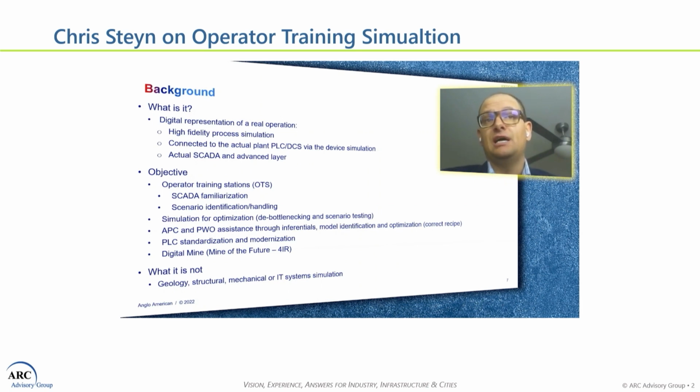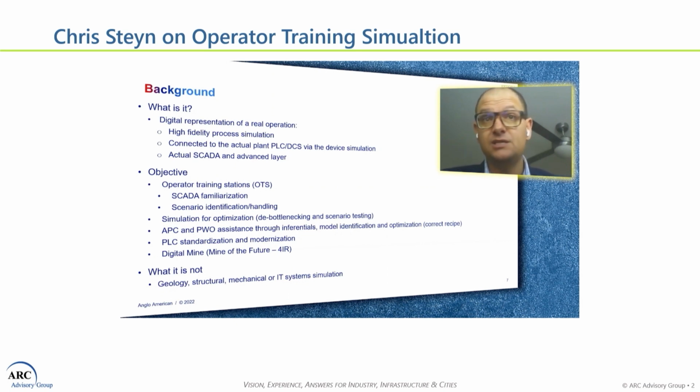We've got advanced process control and what we call the plant-wide optimizer. I know in the Honeywell world that's more referred to as the DQP. We have assistance for the advanced layer through the use of inferentials, using the Honeywell design suite, model identification and optimization, running a digital twin in parallel.